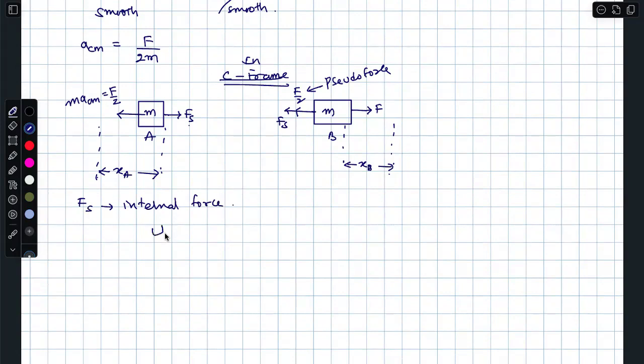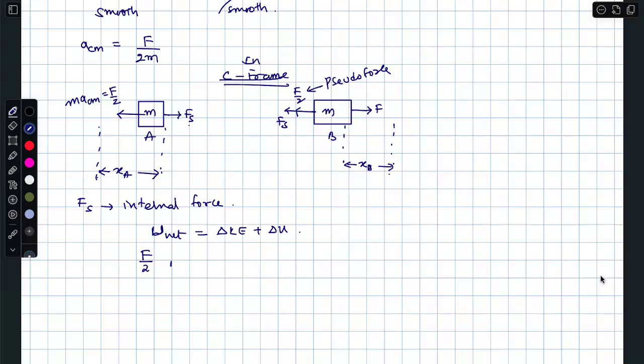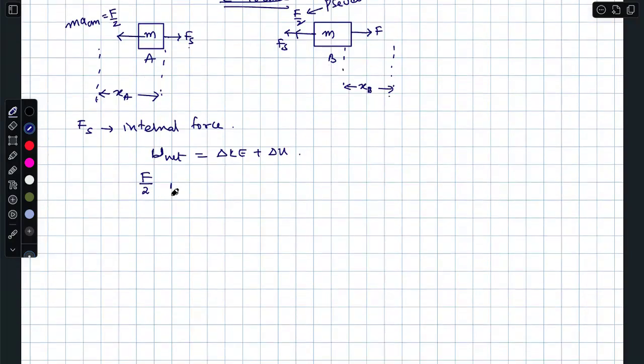Therefore, the net work done in this case is the change in KE plus the change in potential energy, because you are doing external work. Now, F by 2 on the left side does a work of XA.